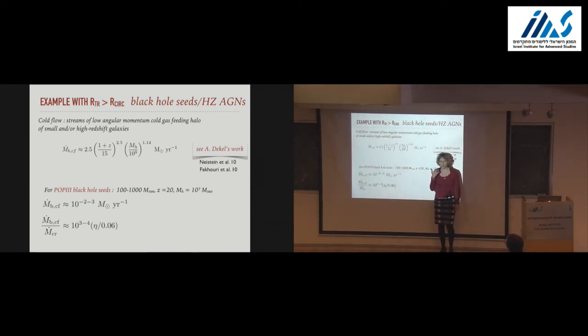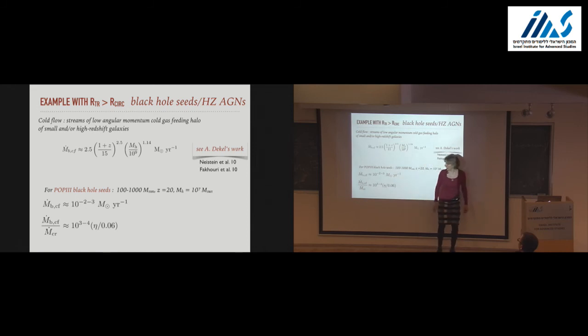And the question is that there is so little time to grow those masses, so how is it possible? One option is that you form big black holes in the first place. Another option is that you form them small, but you make them accrete super-Eddington, or at least you have episodes of super-Eddington hyperaccretion.